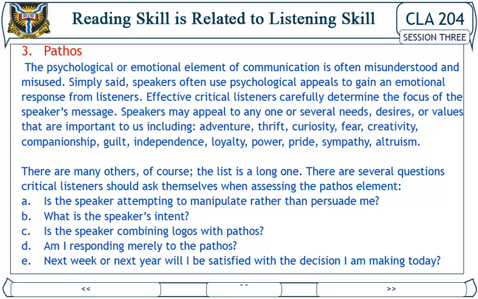Speakers may appeal to one or several needs, desires, or values that are important to us, including adventure, thrift, curiosity, fear, creativity, companionship, guilt, independence, loyalty, power, pride, sympathy, altruism.